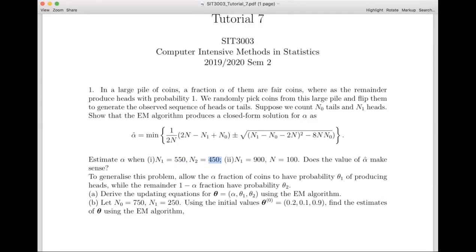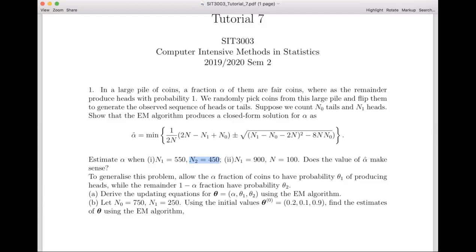Close to 0, right? Wait. This one is the head, this is the tail, right? So alpha is the power for the fair coin, right? So will alpha be close to 1 or 0? Think about it again. You see, when you have the tail, right? The tail can only come from the fair coin, isn't it? The biased coin cannot give you a tail.